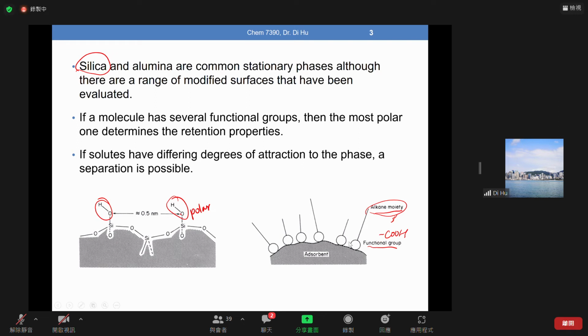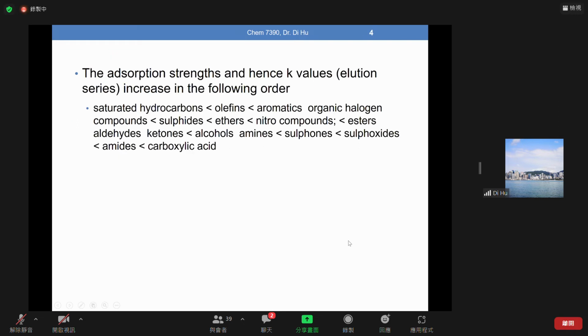So this is for adsorption, and it depends on polarity. The K value, meaning the retention factor, increases in the following order. The more polar compounds have higher affinity for the stationary phase.